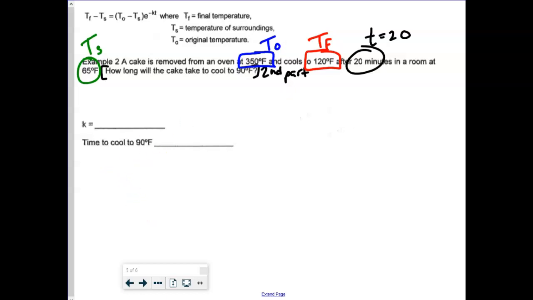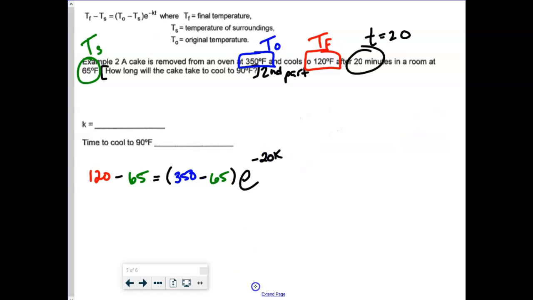So the final temperature was 120 minus the surroundings, which was 65, equals the quantity of 350 minus 65, multiplied by e to the negative t times k, so e to the negative 20k power.